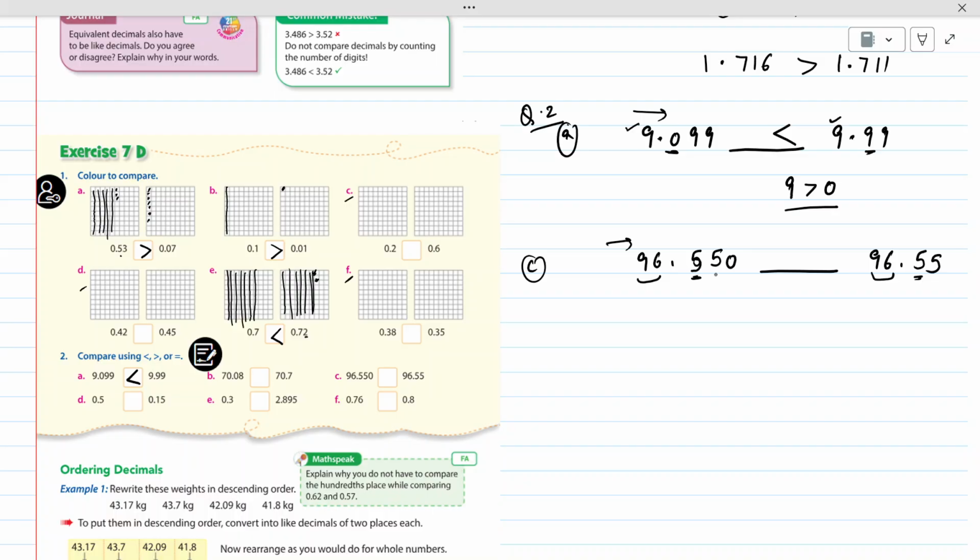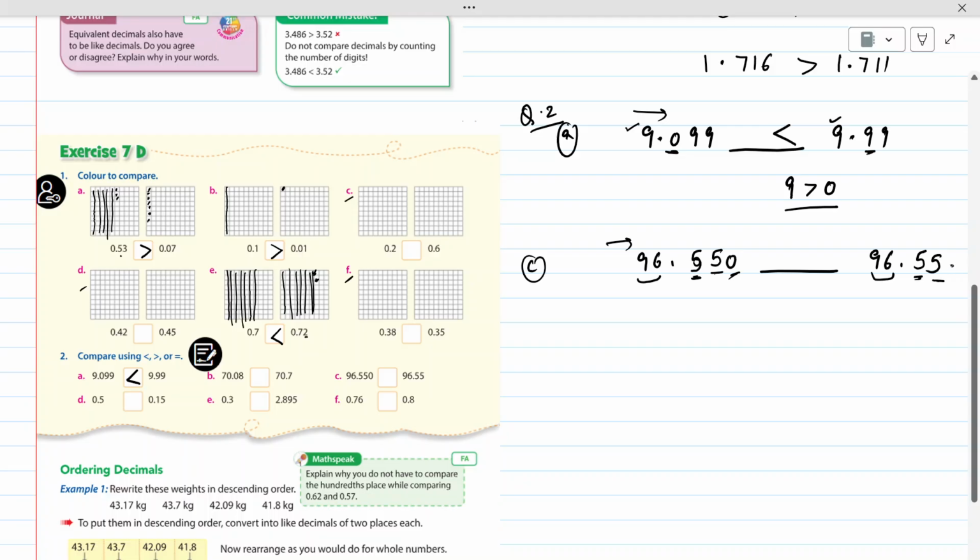Again 5 same here, and the 100th place is the same. And now kids, when we compare the thousandth place, we have 0 here and we have nothing here. Nothing here also means 0, and we also know that in the case of equivalent fractions, we can always add or remove 0 at the end.